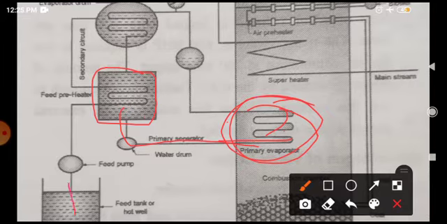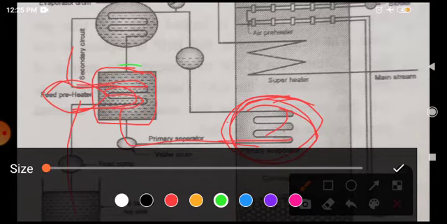Now from outside, the feed water is sent to this heat exchanger, which is called the feed preheater, in which the feed water is heated by the water coming from the primary evaporator. You can see at this point the feed water is getting heated by the evaporator water.